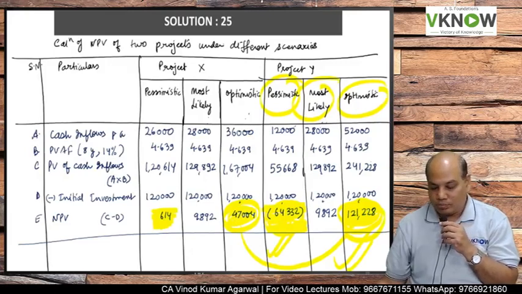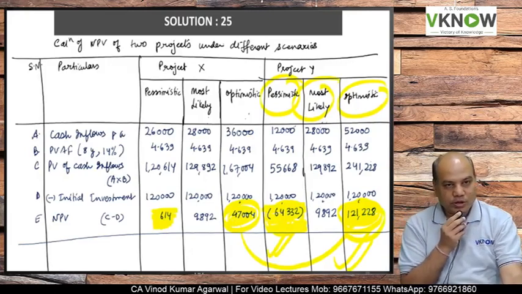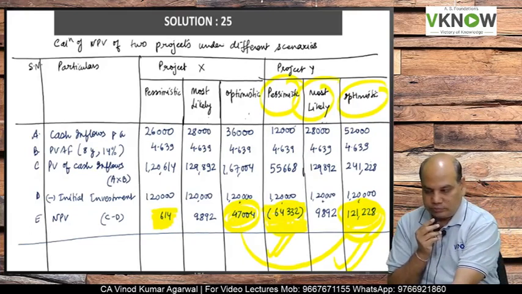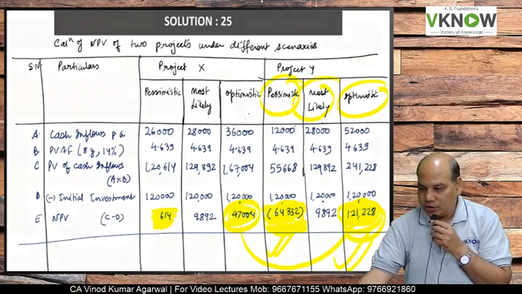Project X gives positive NPV in all the three scenarios, whereas project Y may generate negative NPV in the pessimistic scenario.